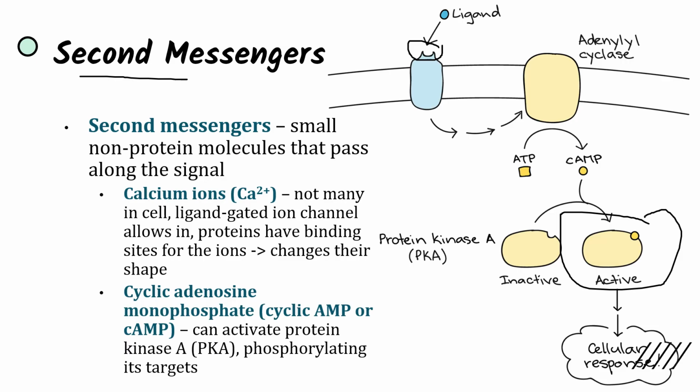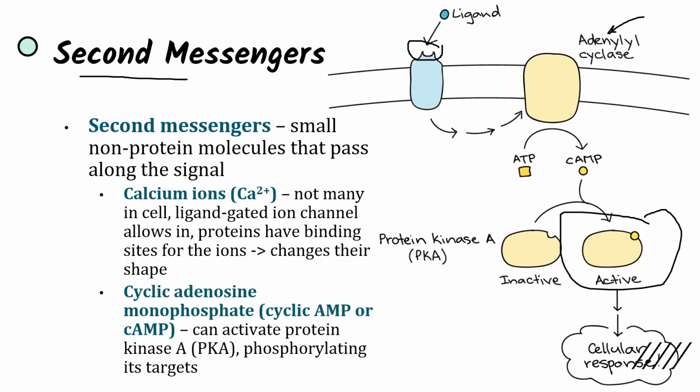And what this enzyme does, adenylyl cyclase, converts ATP into cyclic AMP, allowing this protein kinase A to be activated. And of course, the PKA can have different targets, and each different target is going to create a different result. It's going to elicit a different cellular response.